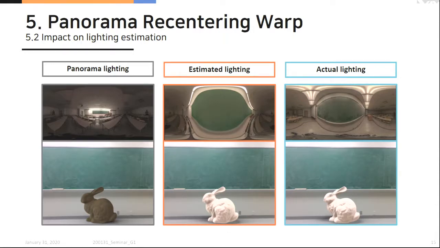I think it's because the reviewers were also confused about this function. If I say it again, the aim of the panoramic recentering warp is to generate the panorama that would be captured by a virtual camera placed at a point in the cropped photo.